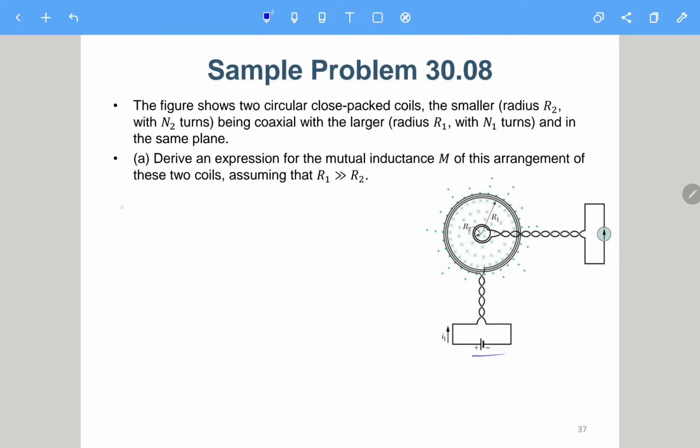When we consider phi 2 1, the magnetic flux generated in coil 2 by coil 1, the B should be B1, because B1 is the magnetic field generated by coil 1. But the cross-section area should be A2, because we now consider the flux across coil 2. So it should be B1 A2.